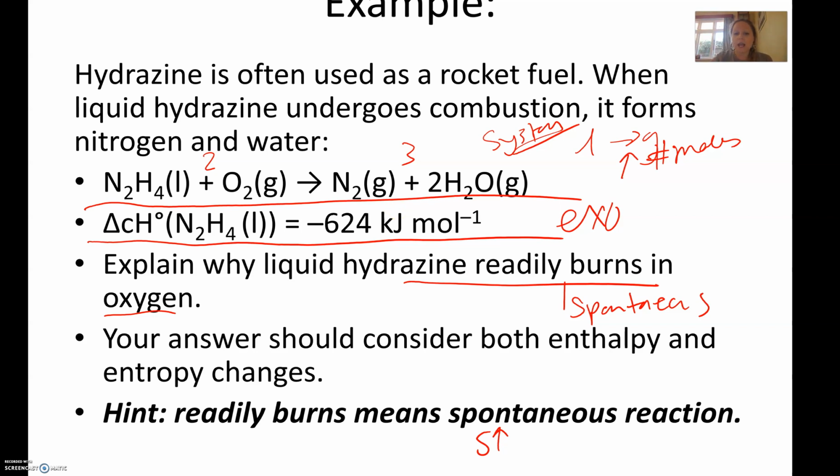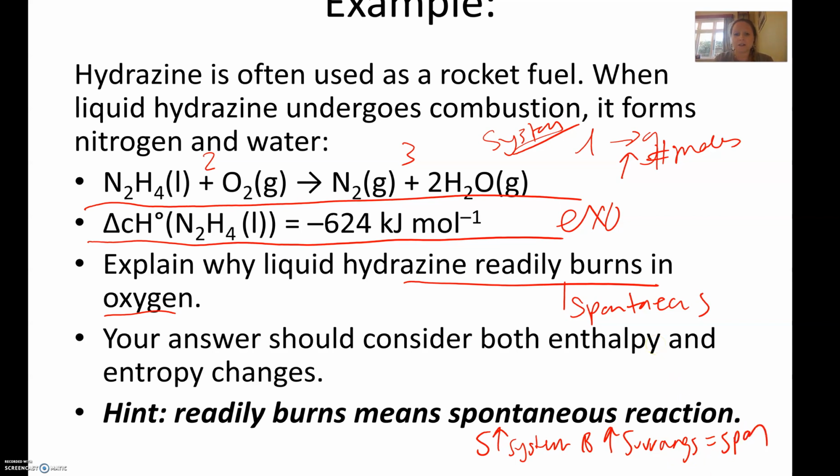Because this reaction is exothermic, heat energy is being released to the surroundings. The surrounding particles move around more because they've gained kinetic energy, and because they're moving more, there'll be greater disorder and greater entropy. So both entropy of the system and entropy of the surroundings are increasing, which means that this reaction is spontaneous.